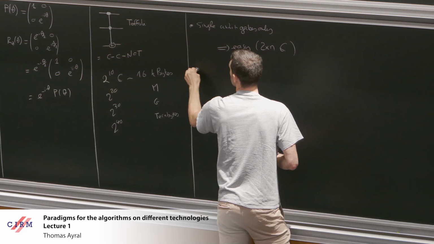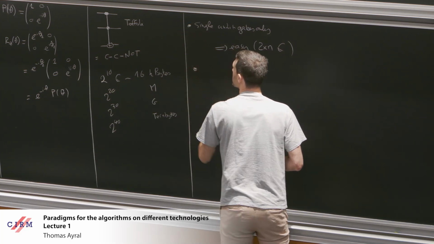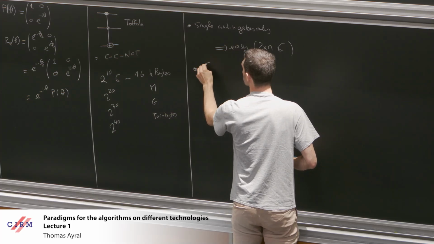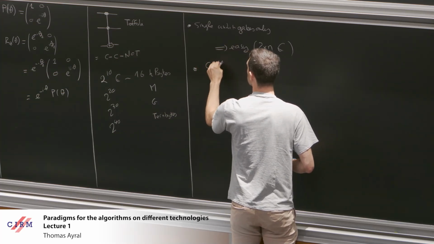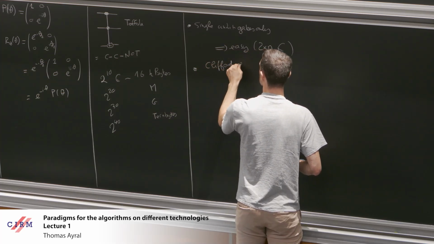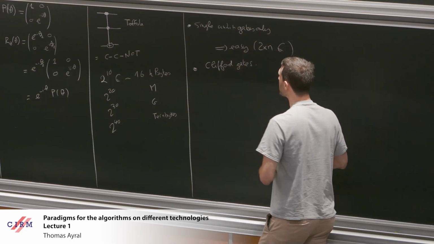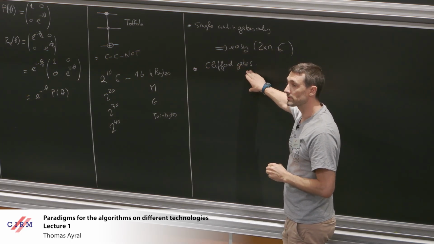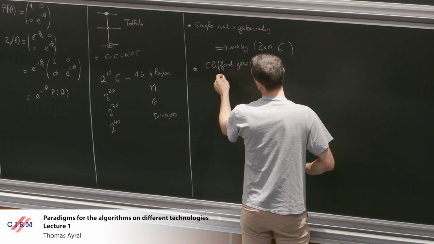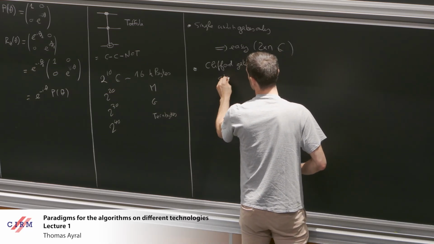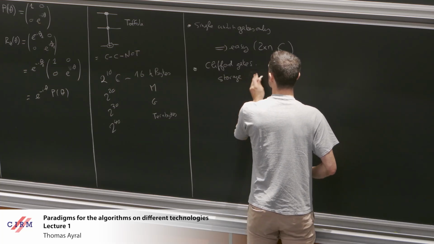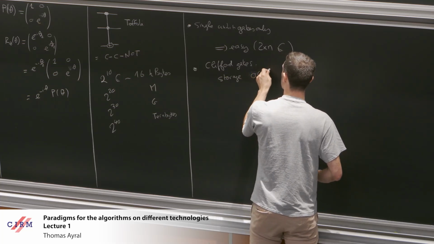Now there's another class of circuits which is very easy to do on classical computers: quantum circuits with gates which are called Clifford gates. So Clifford gates is a particular class of gates which is easy to do on classical computers. And essentially the storage cost of this, I'm not going to go into too much detail, is proportional to n squared.